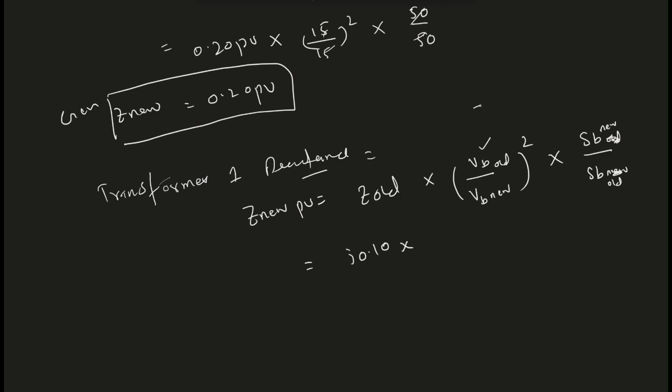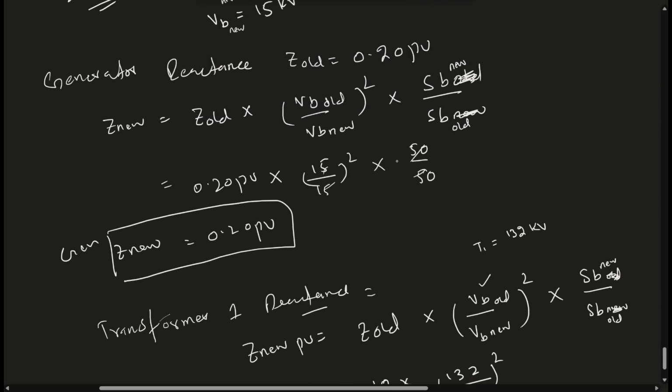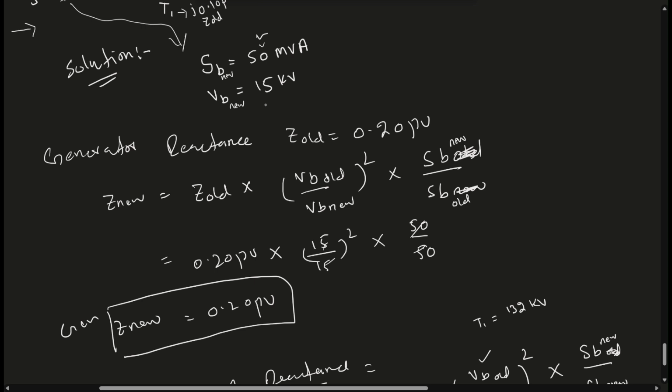VB old for transformer T1 is 132 kV, so it is 132 divided by VB new, which will be 180. Let me explain why we go to VB new as 180, because we have selected VB new here as 15 kV.